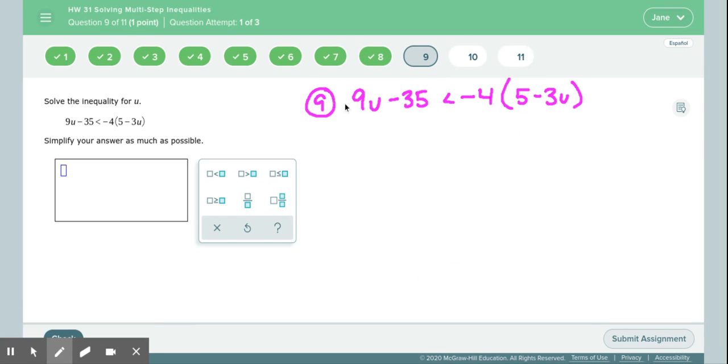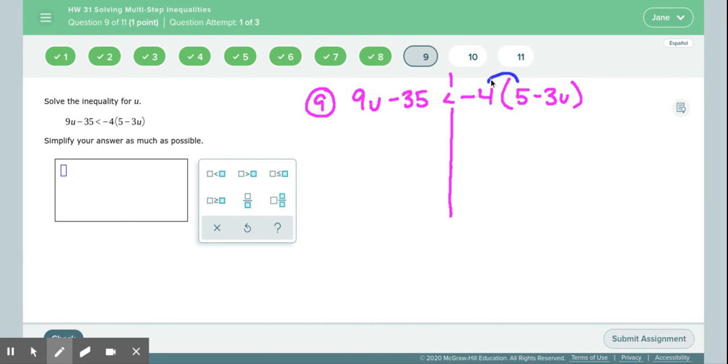Question number 9, I'm also solving an inequality. They just keep progressively getting a little bit harder as I go. So here when I find my inequality symbol and I split the left-hand side from the right-hand side, notice that once again I have variables on both sides. So what I need to do is get those variables on the same side. But before I can do that, like I did on my last problem, I have this variable that's trapped in parentheses.